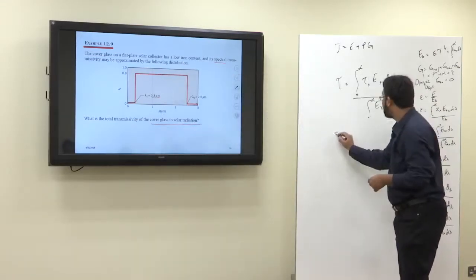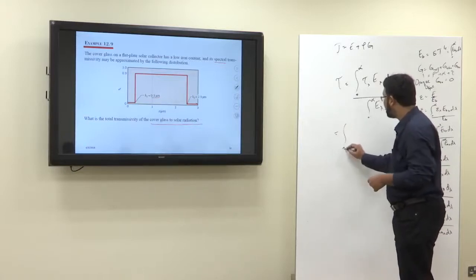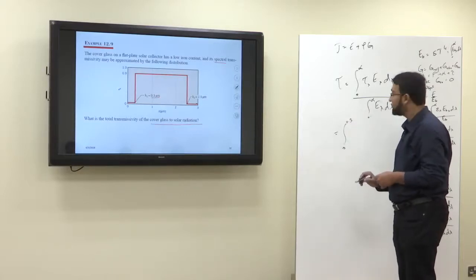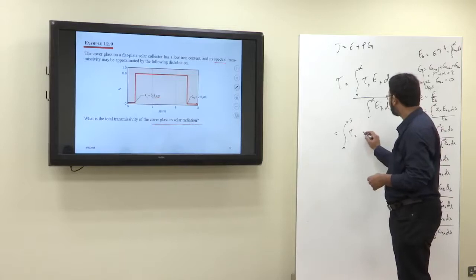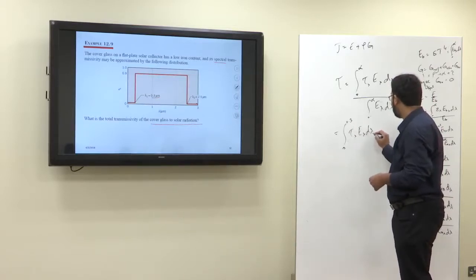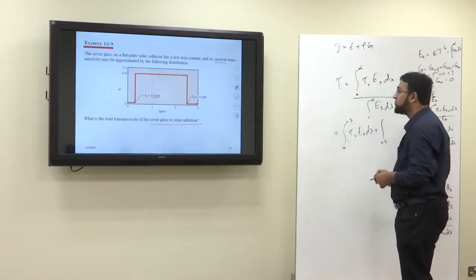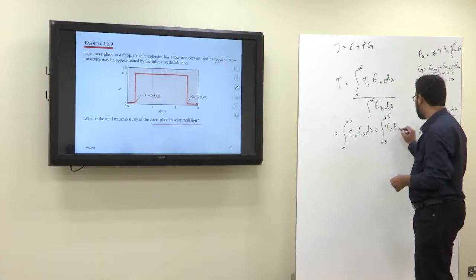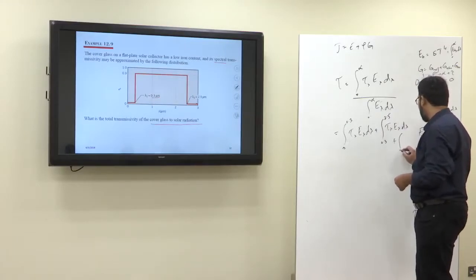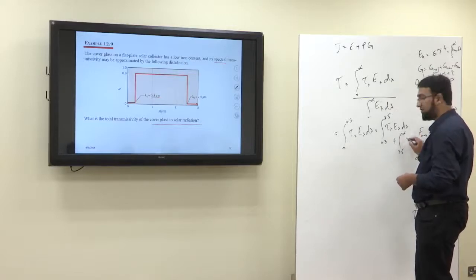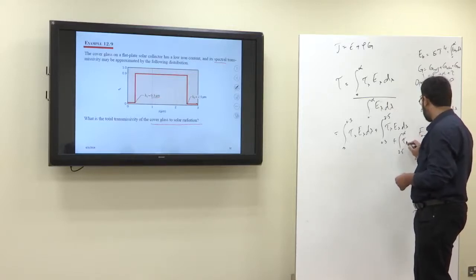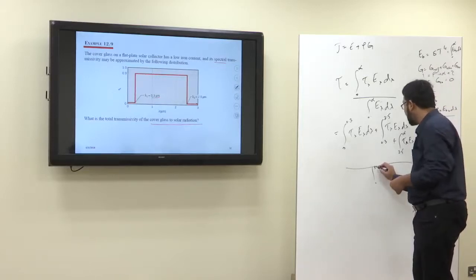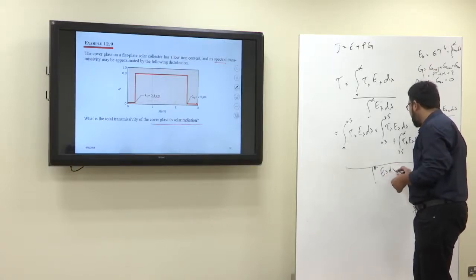Instead of 0 to infinity, I will write 0 to 0.3 tau lambda E lambda d lambda, plus 0.3 to 2.5 tau lambda E lambda d lambda, plus 2.5 to infinity tau lambda E lambda d lambda, divided by the integral 0 to infinity E lambda d lambda.